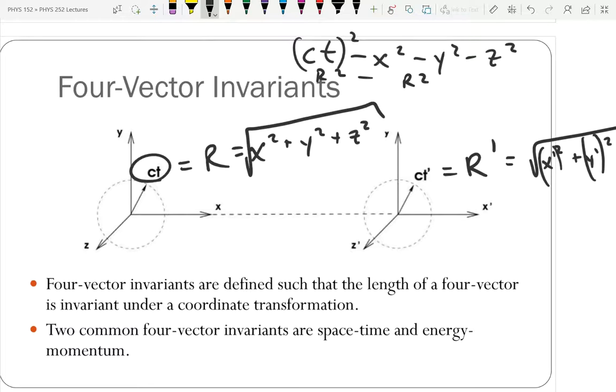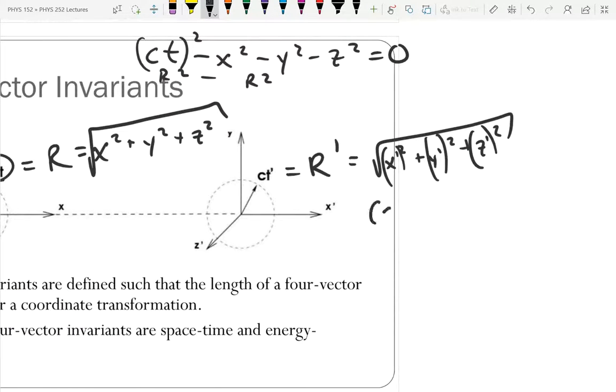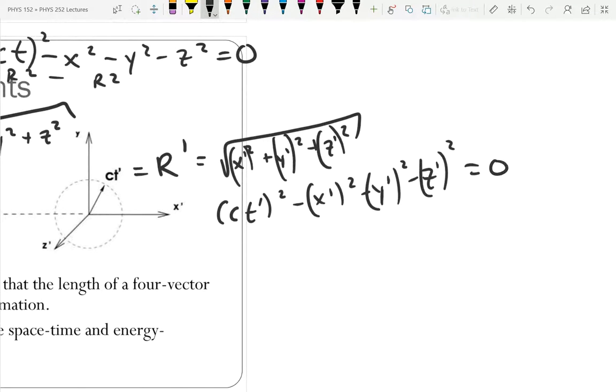What's r squared minus r squared? Trivial question. It's 0. And likewise, ct prime squared minus x prime squared minus y prime squared minus z prime squared is also equal to 0. So there's a 4-vector invariant.